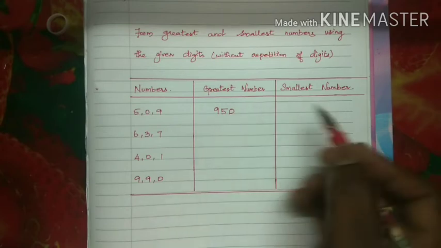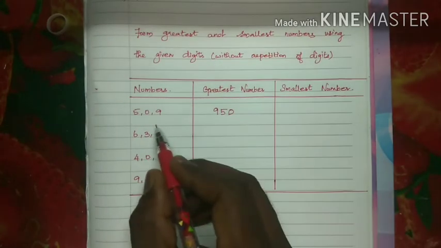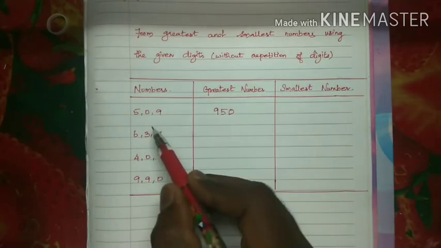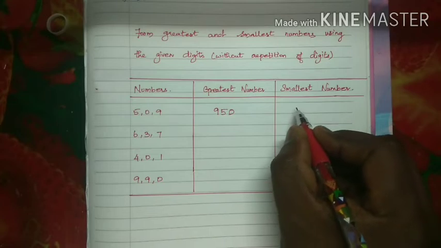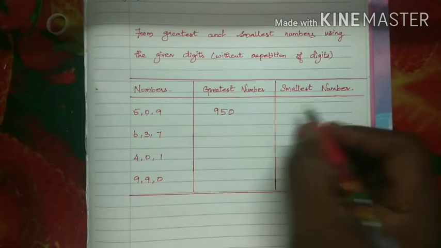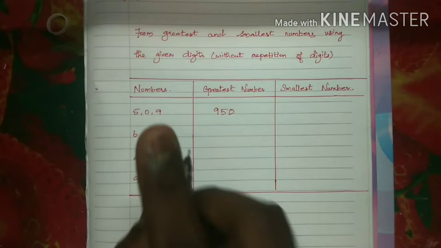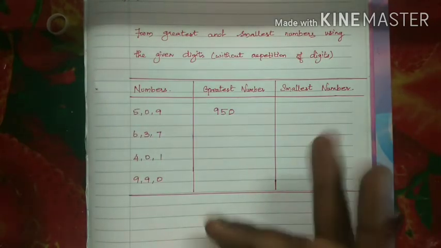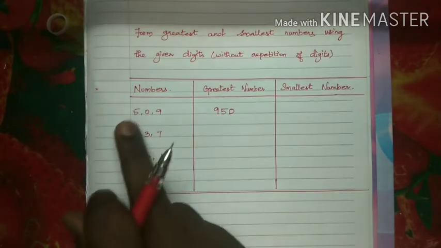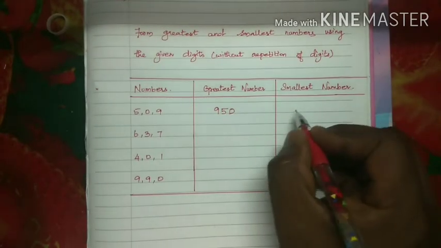Okay. Now the smallest number. Obviously we have 0, so we cannot put 0 first. So what do you have to do? Which is the smallest number? 0. We cannot put that first. Which is the next smallest number? 5.